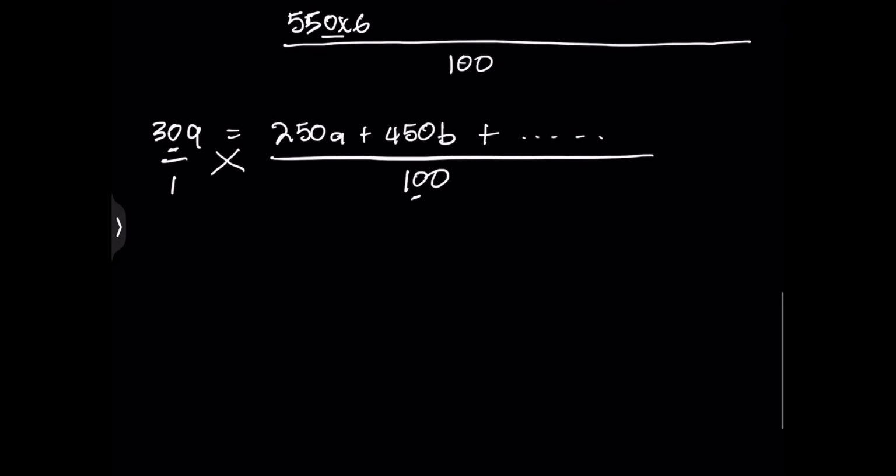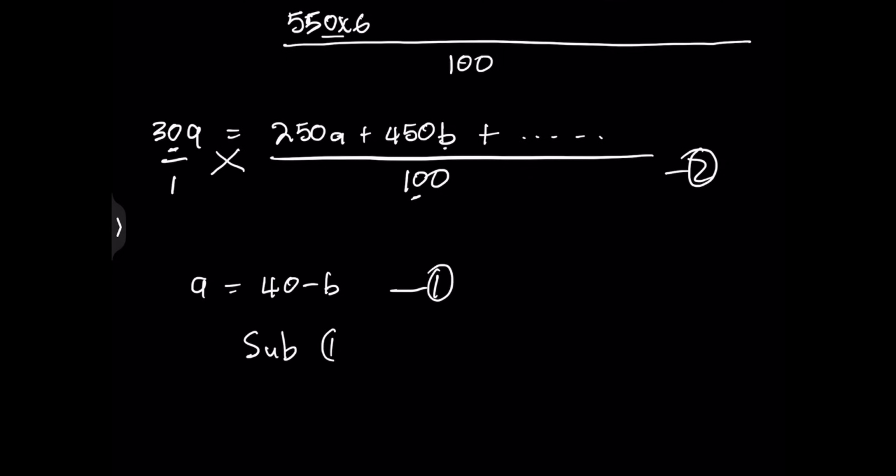Remember that we've got our first equation for A and B. We found that A is equal to 40 minus B, so let's call this equation 1. Where you see B, you're going to substitute that value. And this one, let's call equation 2. You're going to substitute equation 1 into equation 2.